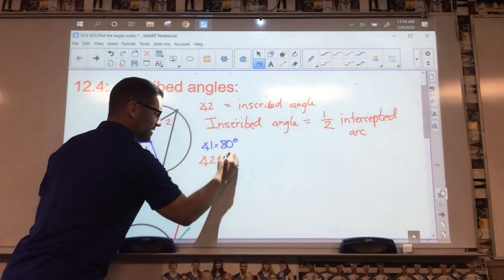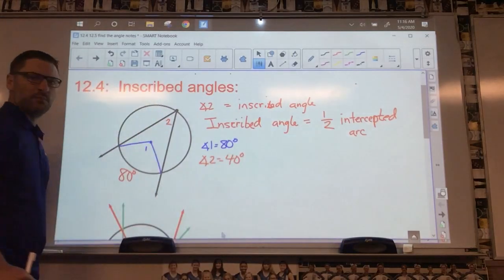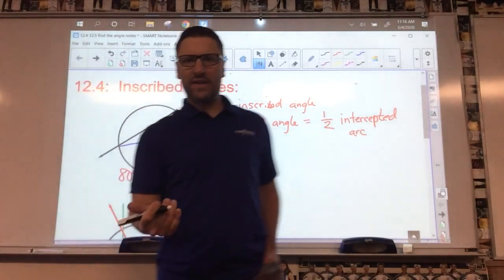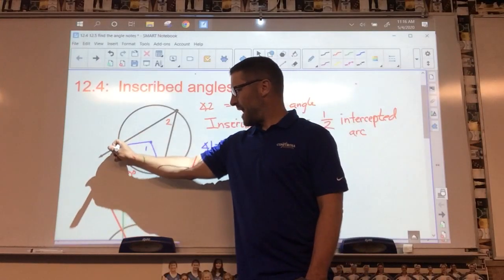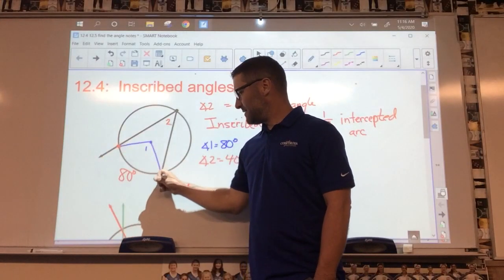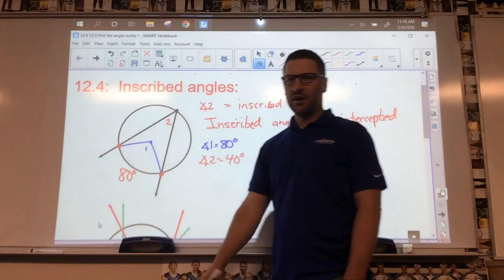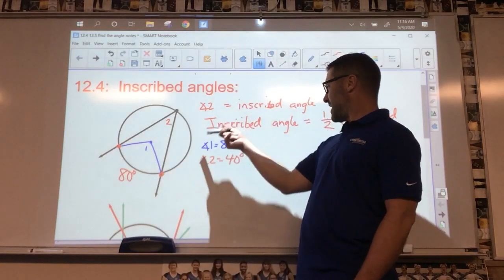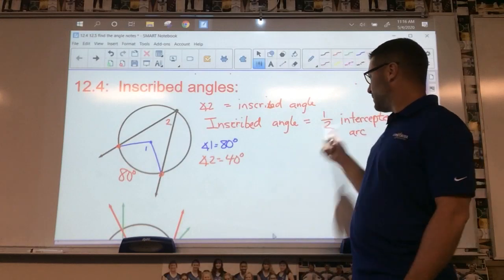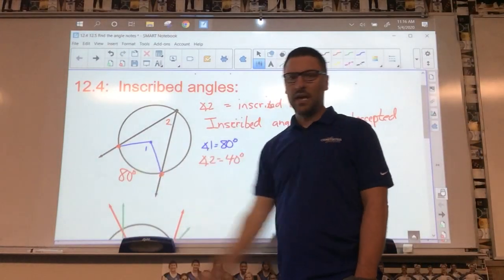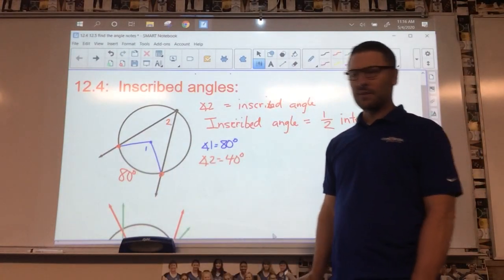Angle 2 is equal to 40 degrees because it's half of the arc across from it. If you're given an angle like this, they have to hit on the same spots, by the way. They hit the same arc. An inscribed angle is half the arc. It's also half of the central angle because of that relationship between the central angle and the arc being congruent.